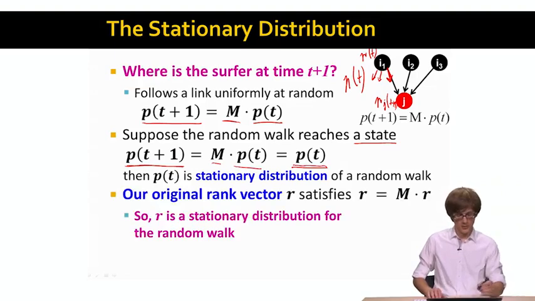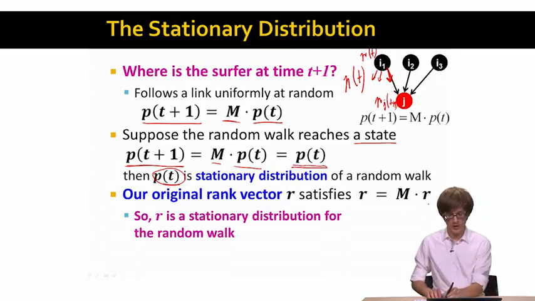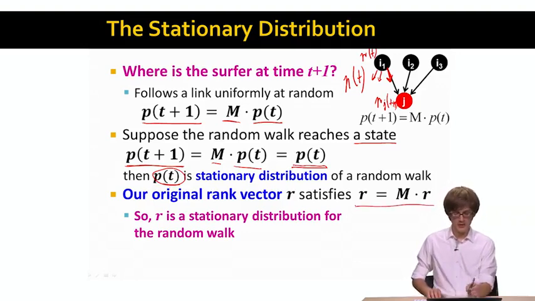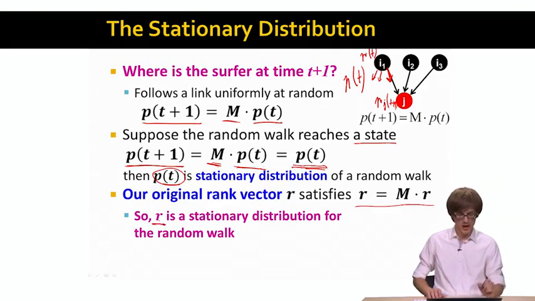This stationary probability distribution is exactly our original formulation of a random walk. Before we had r equals M times r, now we have p of t equals M times p of t. So our rank vector r is a stationary distribution for this random walk process.